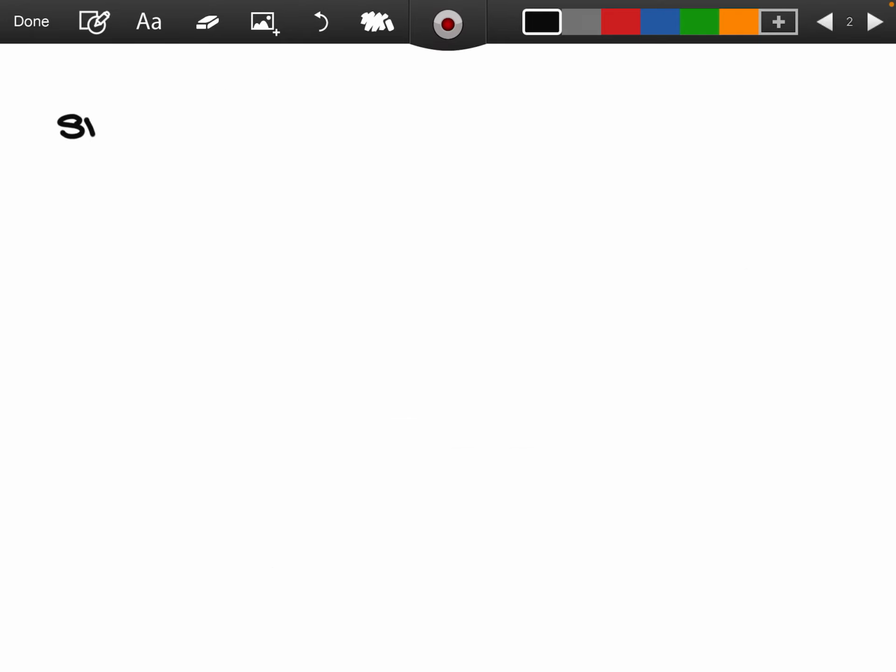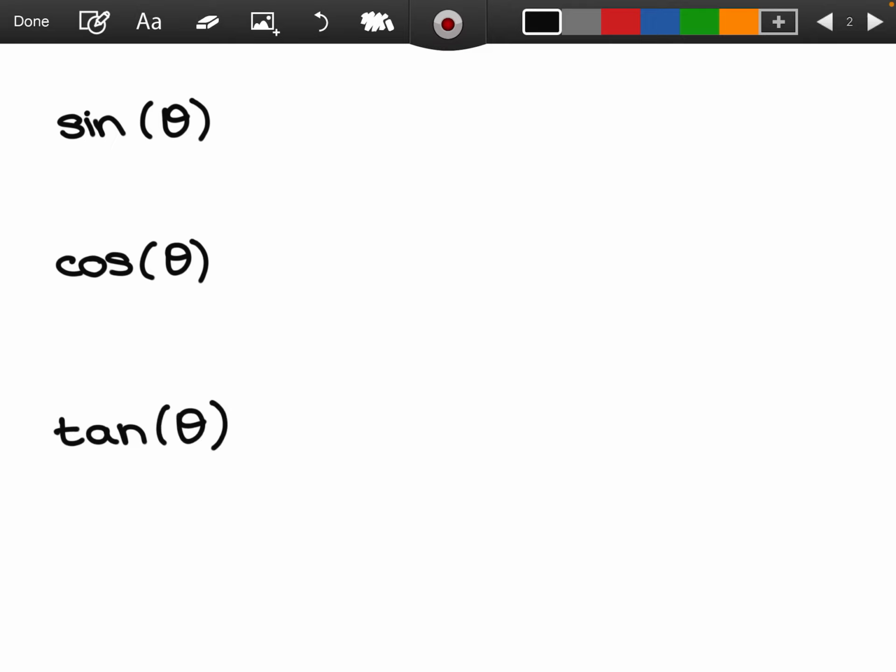Now I want to introduce the three main trigonometric functions: sine, cosine and tangent. We tend to just write them as the first three letters in those terms, so sin, cos and tan, but they stand for sine, cosine and tangent of an angle theta.